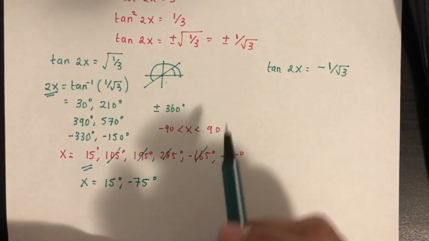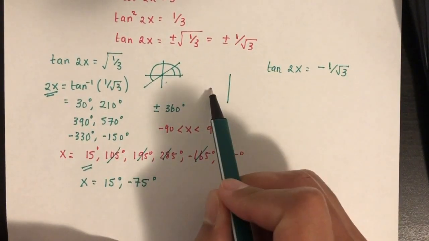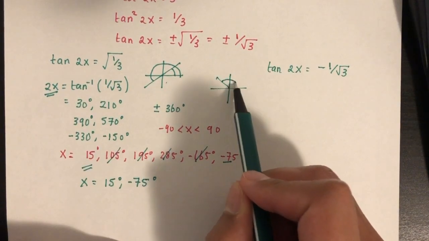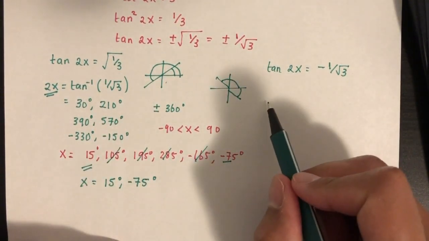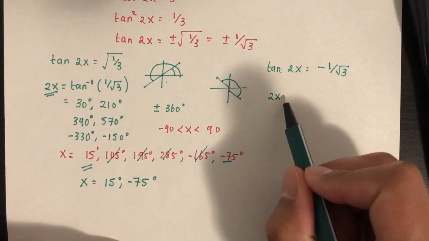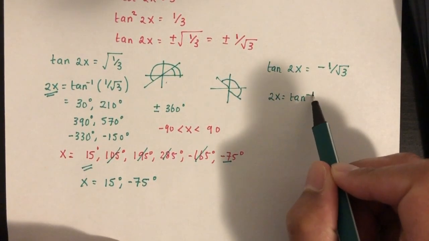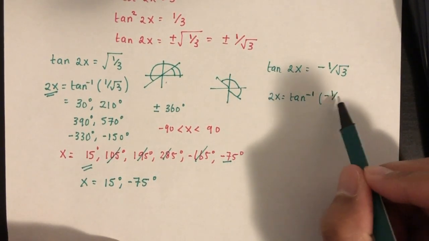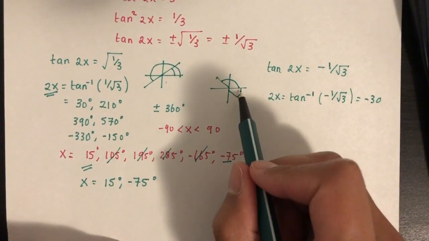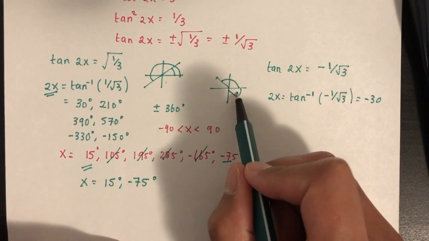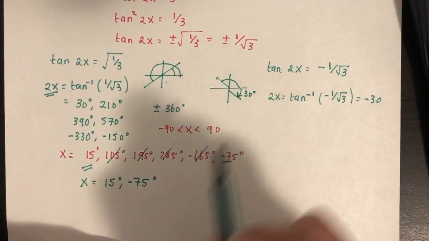Now for this one, tan is negative, so tan will be in this section and in this. So tan 2x, tan inverse of minus 1 over root 3, it should give you minus 30. It is just this angle here. If it goes down, it is 30, right?